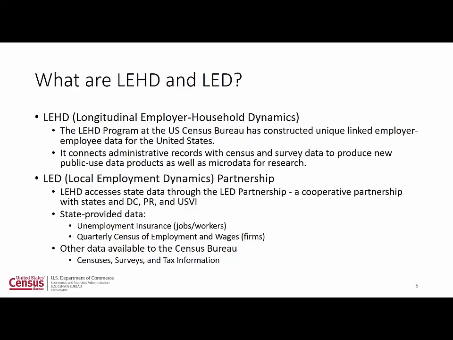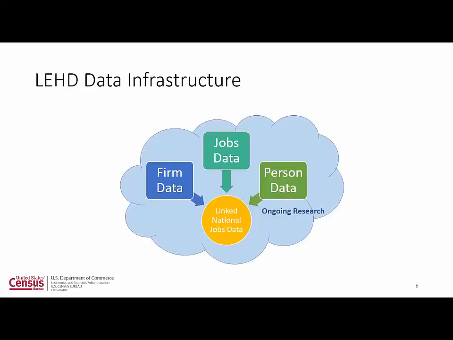So in a pictorial sense, I wanted to give people an idea of how we do this. LEHD works mainly in the areas of workers, jobs, and businesses. And so we collect quite a few different administrative, census, and survey data on these different things, jobs, businesses, and workers.